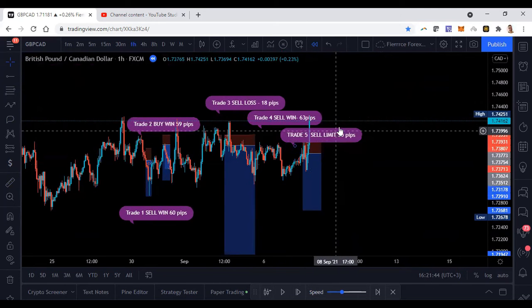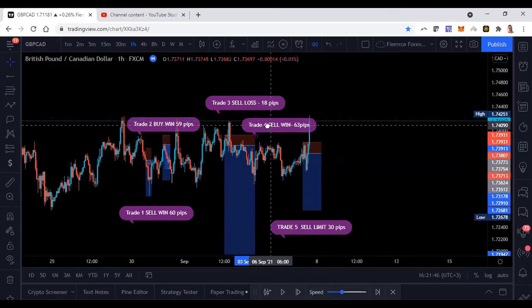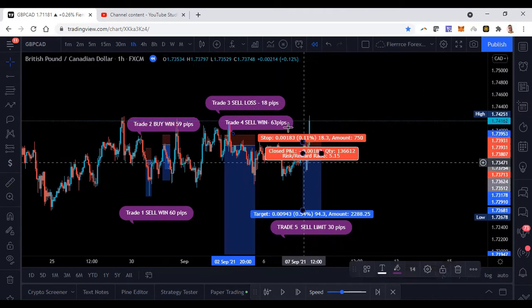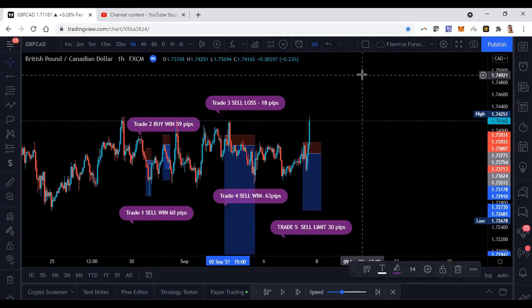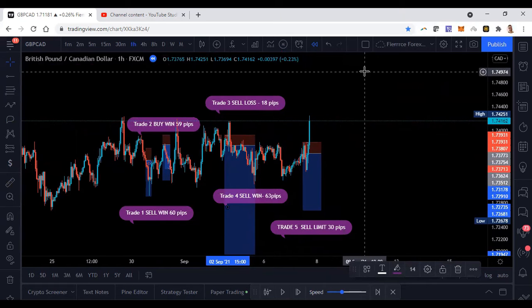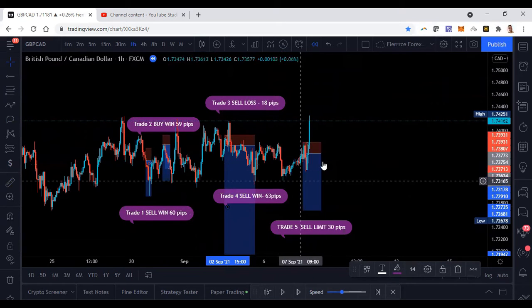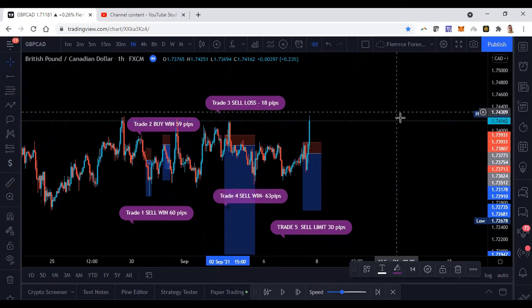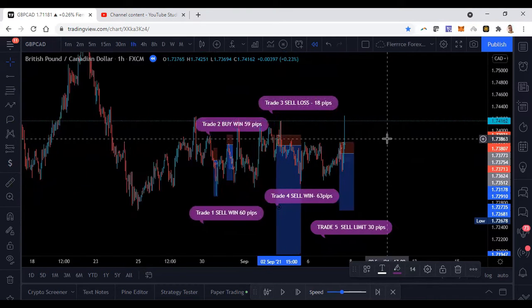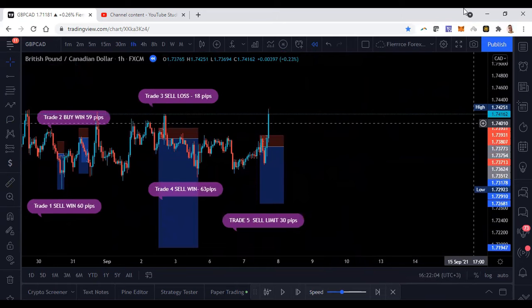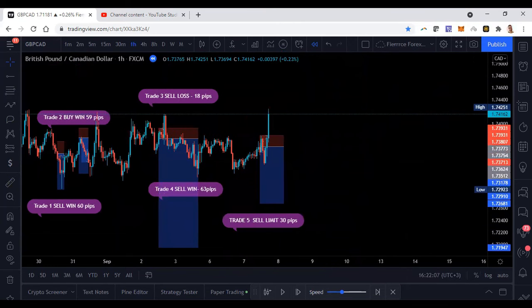I'm assuming something happened here in the market to push price up, so I'm still thinking we're going to sell at some point. There was liquidity up here, so that's why price has pushed up. So I'm just going to wait it out and see if I can still get another trade here.